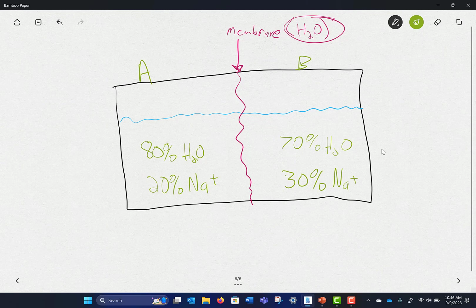The remainder is the solvent. Now, the other thing we know is solution B has a higher concentration of sodium than solution A does. Solution B is more concentrated. There is more solvent on solution A. There is more solute on solution B.